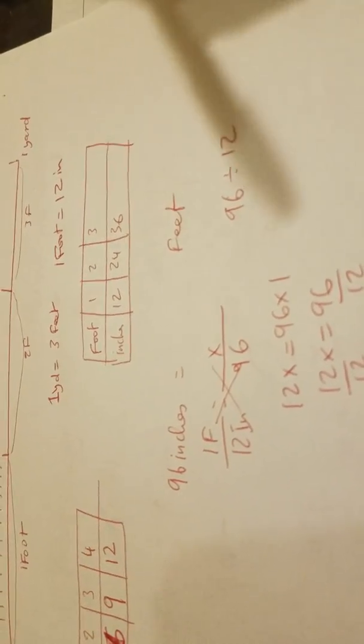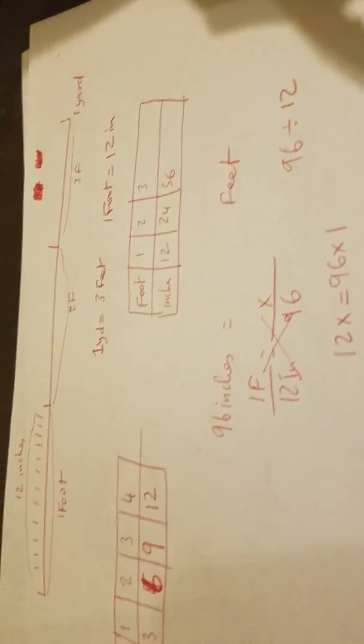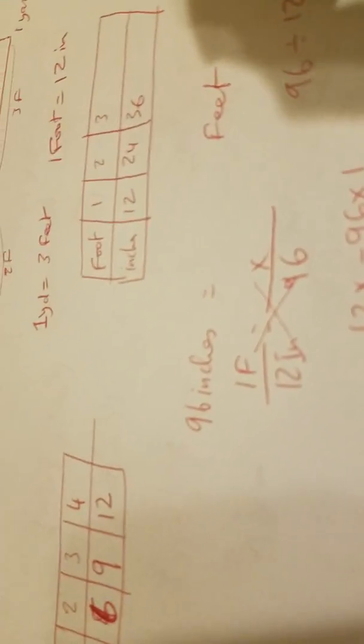So when I do that, I should have the same answer. 96 divided by 12 will be 8. I don't know why I put 1, but okay. So I know the answer is 8 feet.